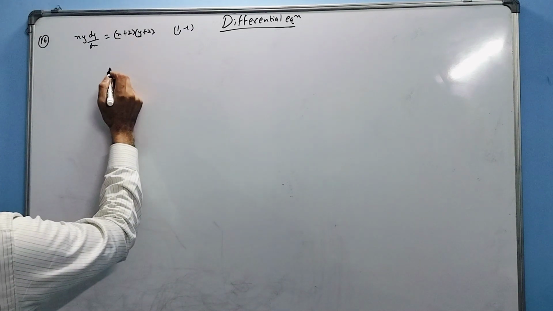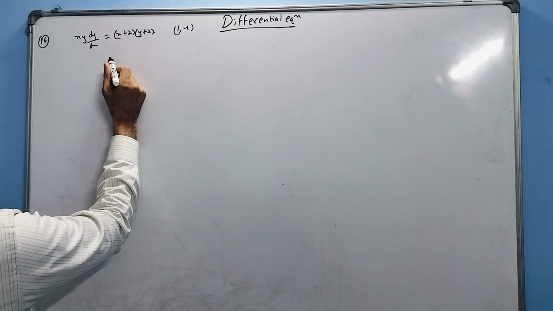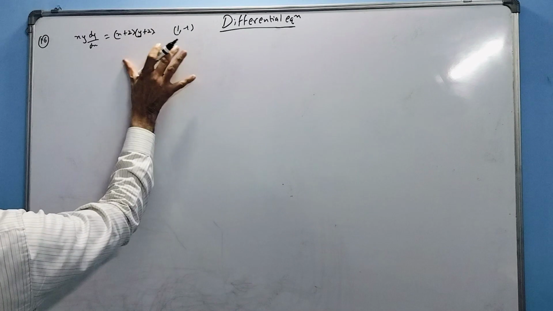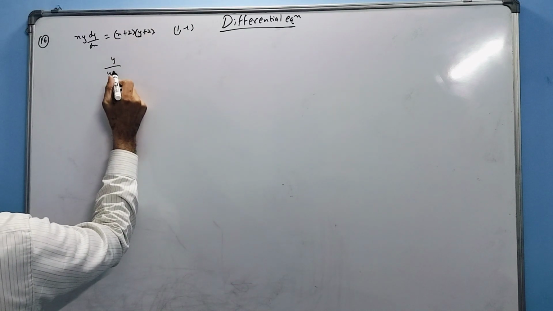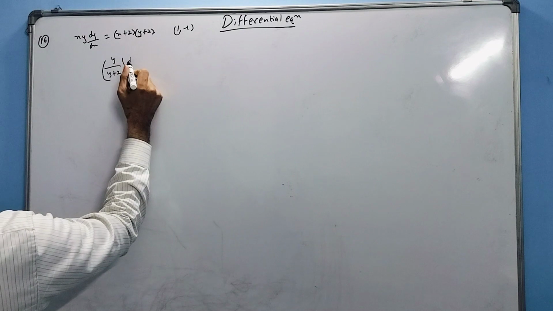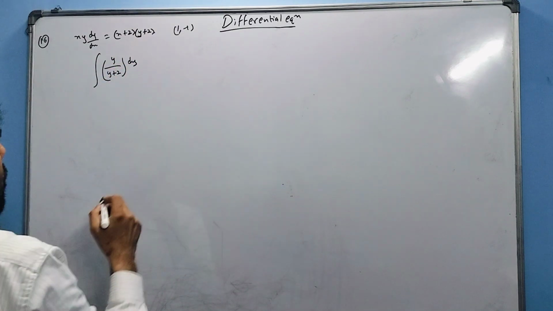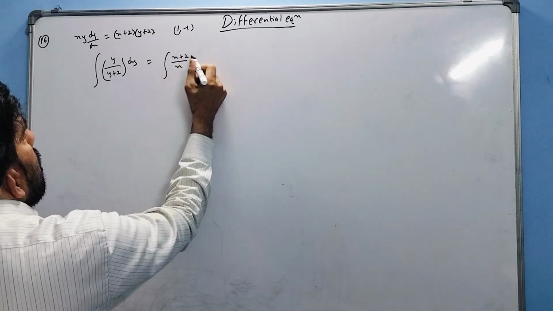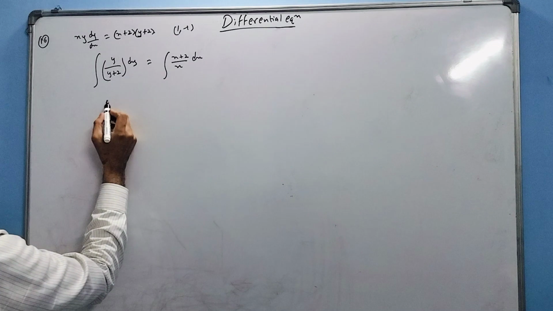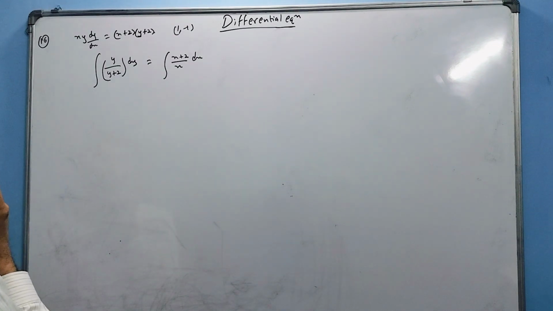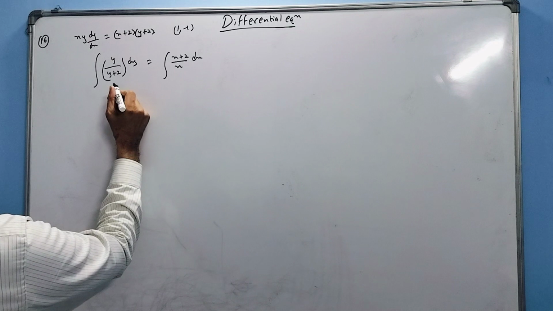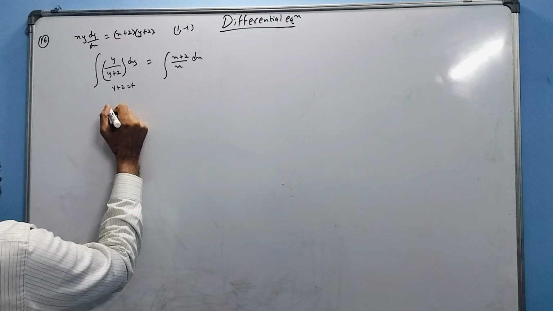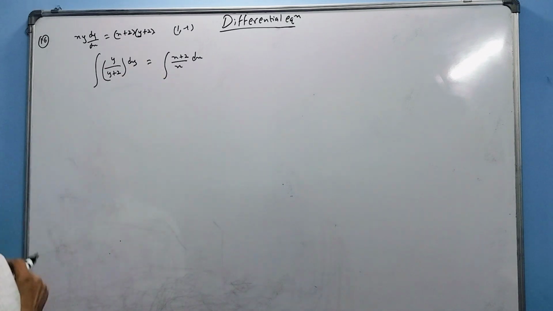Now see what we can do here, x upon x plus 2, or what I can take y upon y plus 2, we have dy. Okay, and here we can take x plus 2 upon x dx. So now what we can do, we can integrate it. How? Let us see. We put y plus 2 is equal to t, so that, no, we'll try to solve in another way.